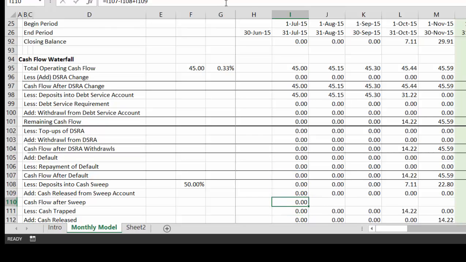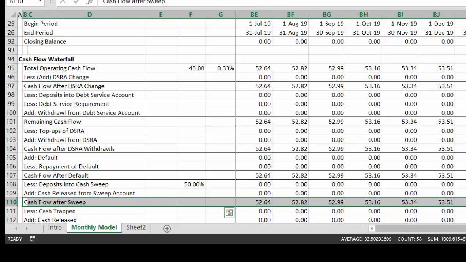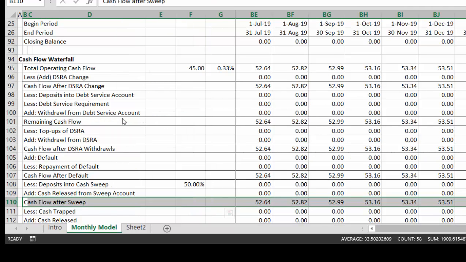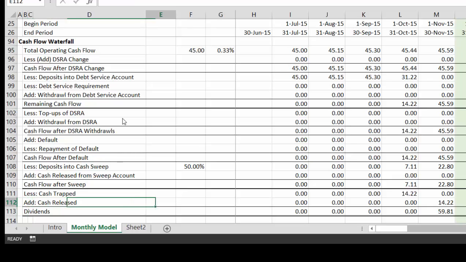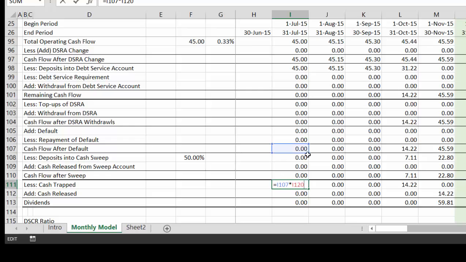Now when we do this one, what am I going to say? This is nothing very interesting other than to say that this final number has to be adjusted, and this number has to take the amount after the sweep.